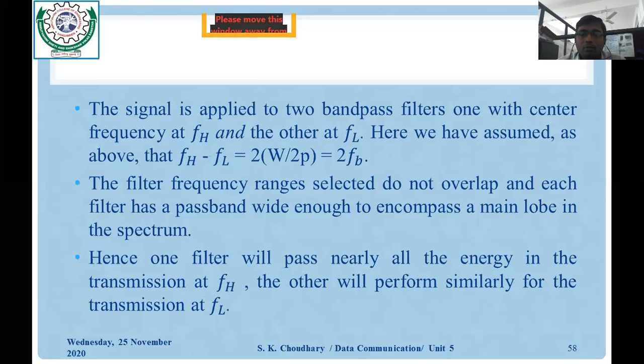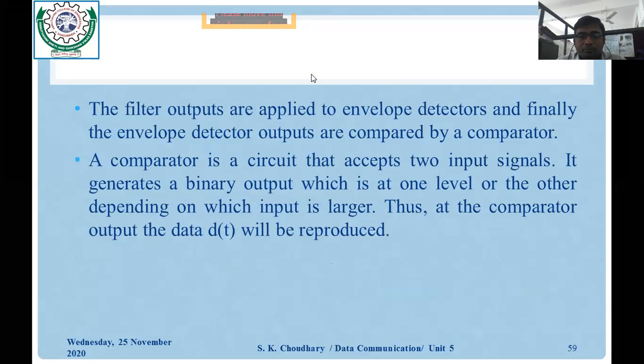Finally the filter outputs are applied to the envelope detectors, and the envelope detector outputs are compared by the comparator. So what is a comparator? A comparator is a circuit that accepts two input signals and generates a binary output, at one level or the other, depending on which input is larger.